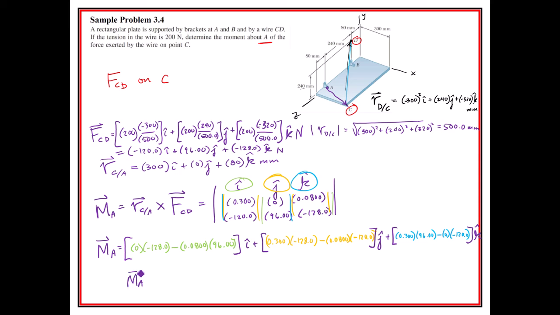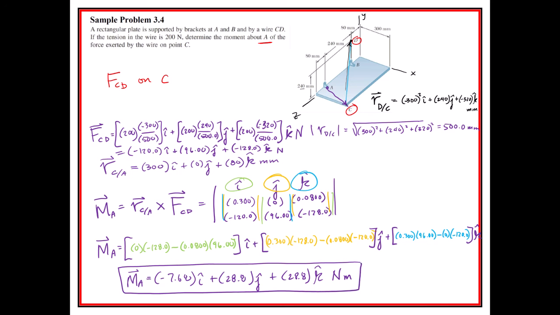We do all that mathy math, and we get negative 7.68 i, plus 28.8 j, and then plus 28.8 k. And these are Newton meters. Box it all up.